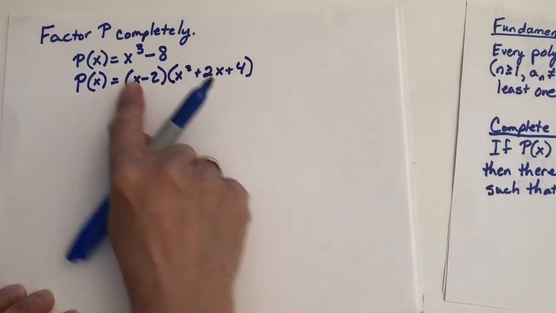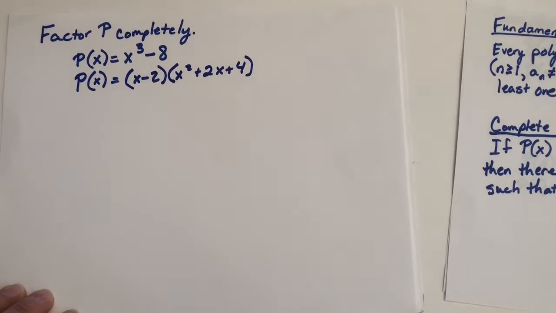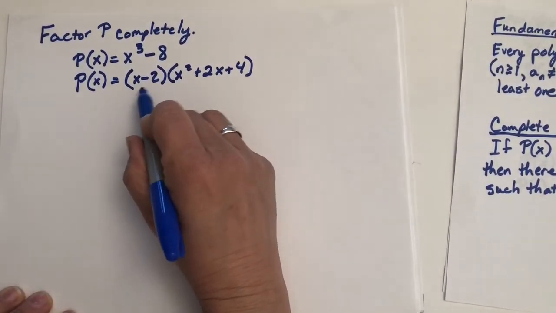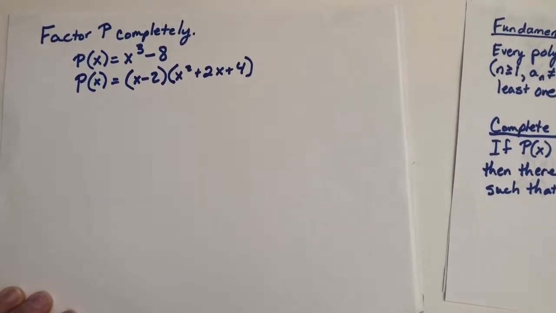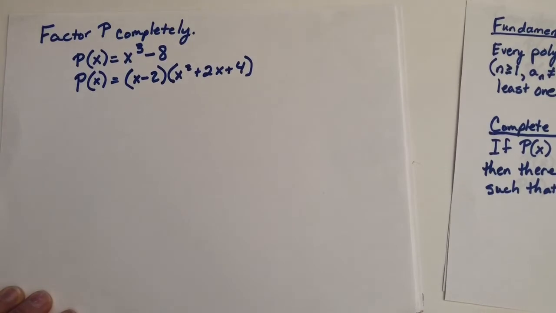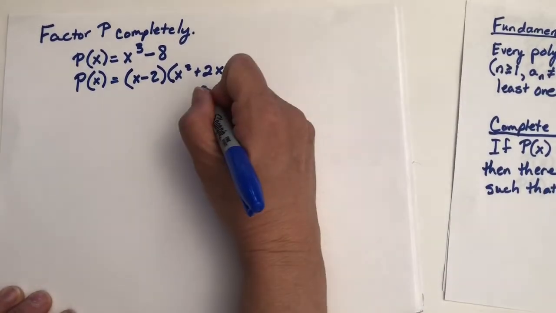But now, when we're saying factor completely, I mean with respect to the complex. So this is not considered finished. This factor is finished. You can't factor that any further. But this one can't be factored further with respect to the integers, but it can with respect to the complex.